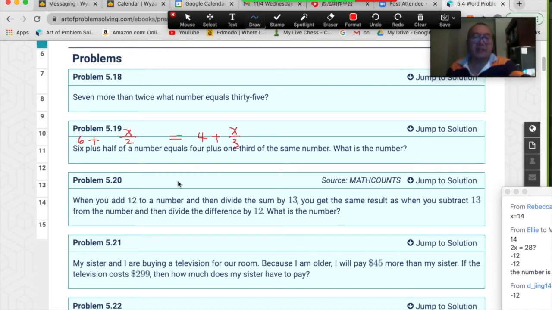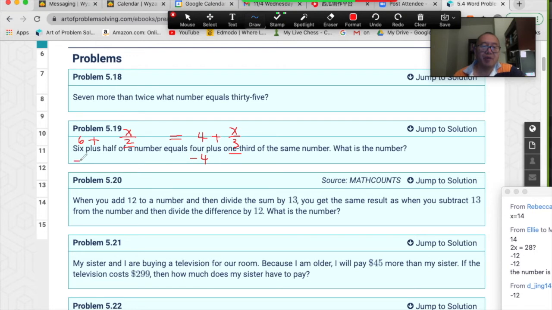Okay, to solve this problem, first you see you have fractions here, right? This is x over 2, this is x over 3. So first you can cancel out the 4 on both sides. So that means both sides minus 4.